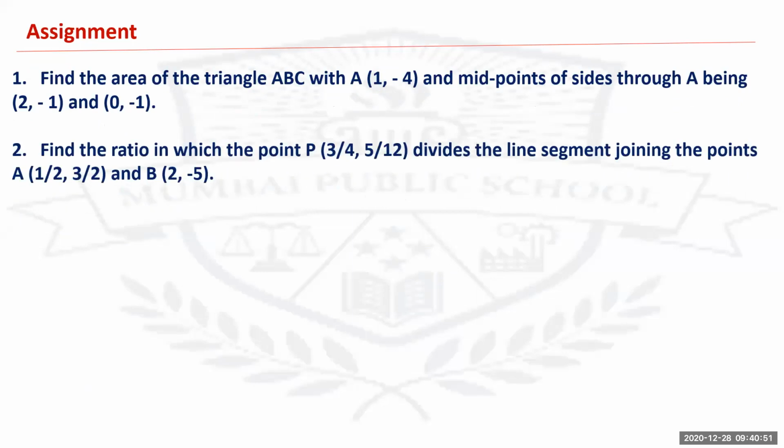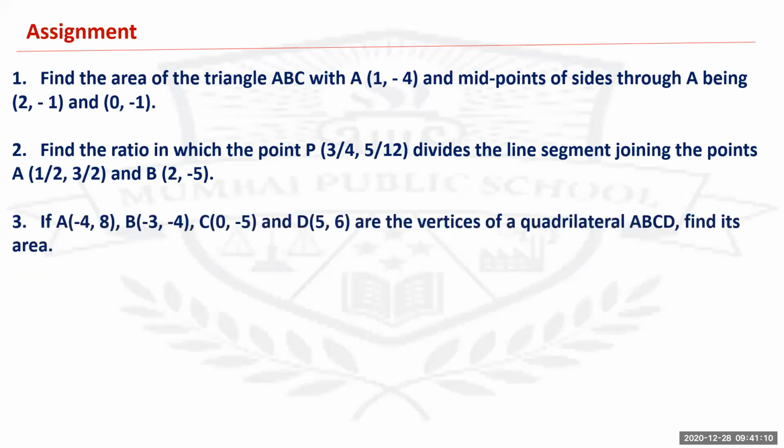You have to find the ratio in which point P 3 comma 4 5 comma 12 divides the line segment joining the points A 1 comma 2 3 1 upon 2 comma 3 upon 2 and B 2 comma minus 5. The third one, the vertices of the quadrilateral ABCD are given. You have to find its area.